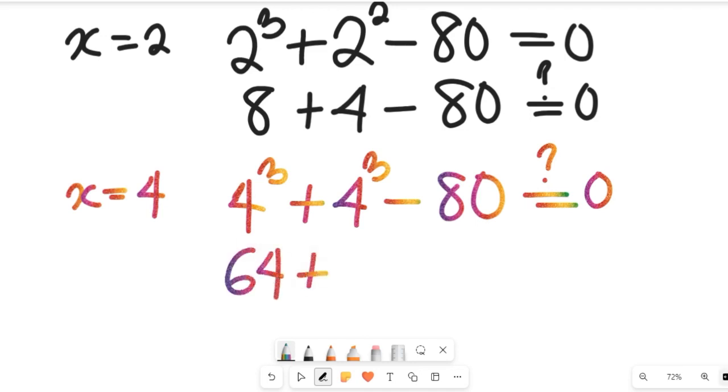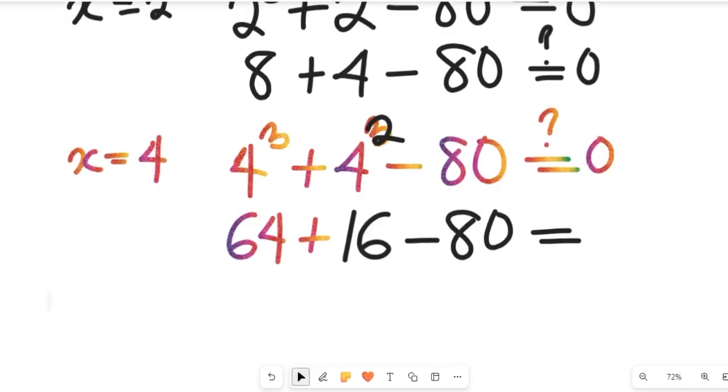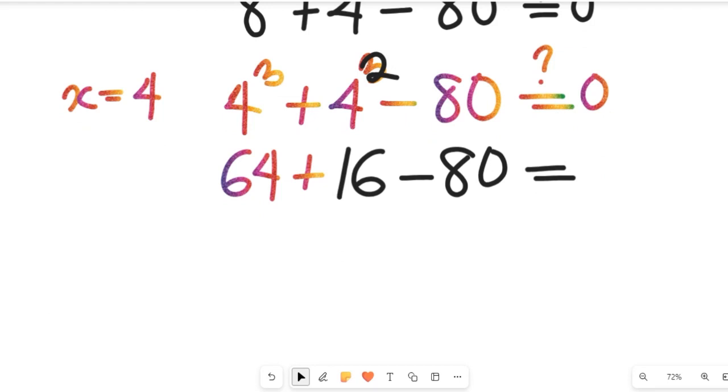Plus 4 to the power of 2, sorry, that 4 to the power of 2 will give us 16, minus 80, and this is going to give us absolutely 0, because 64 plus 16 is equal to 80. So 80 minus 80 is equal to 0.